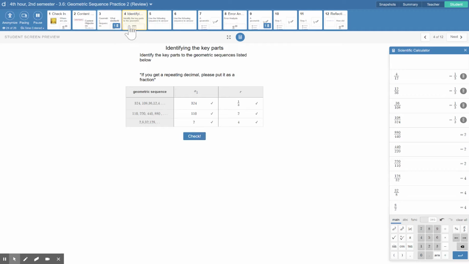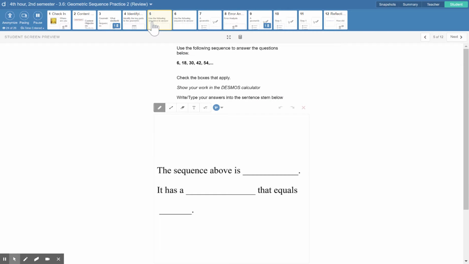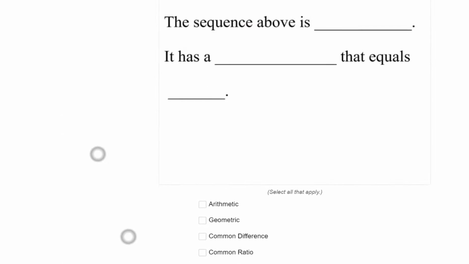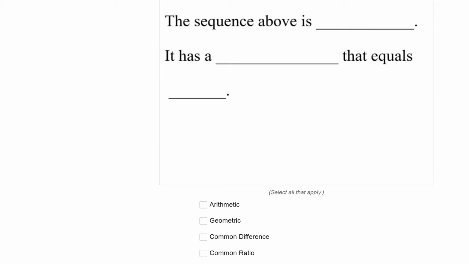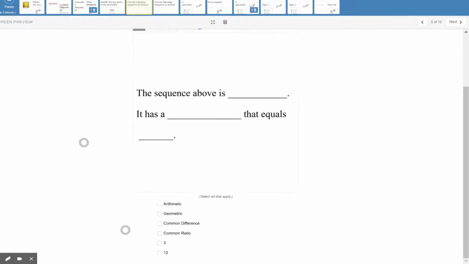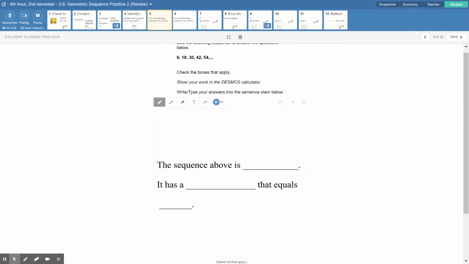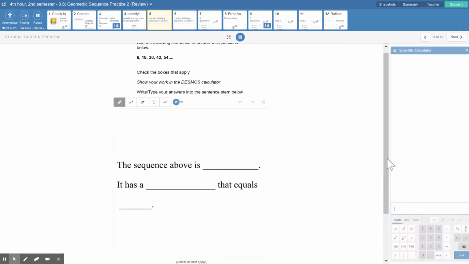So slides 5 and 6 are different. It's like fill in the blank. We're going to use the following sequence to answer the question. So we have to determine if it's geometric or arithmetic. How we do that is I recommend starting with the common difference first. If you minus the 2, we're going to start from behind again.